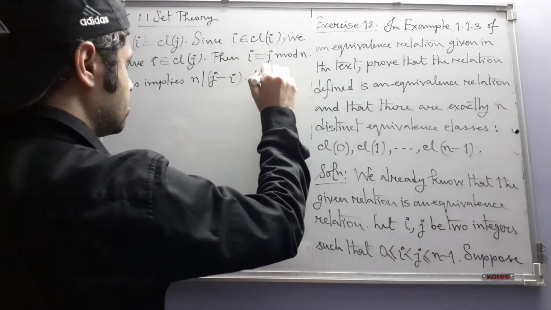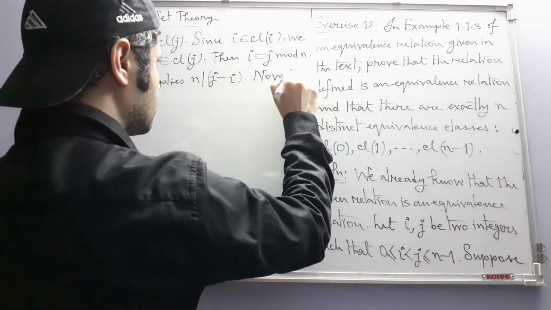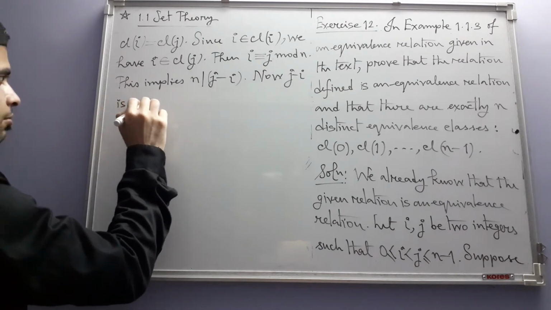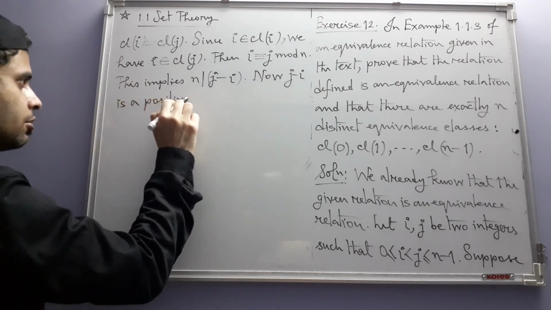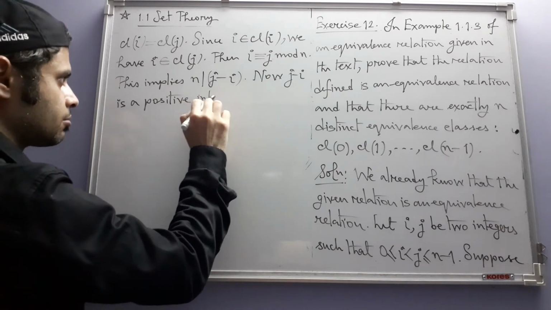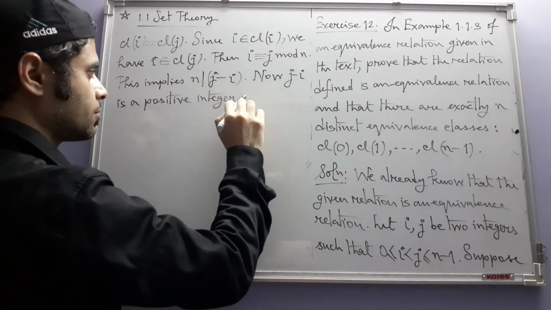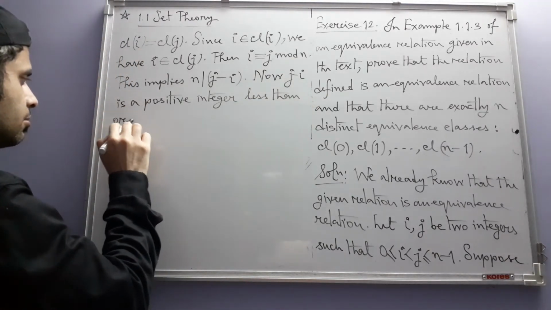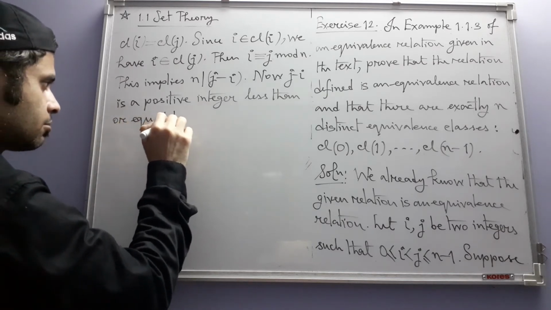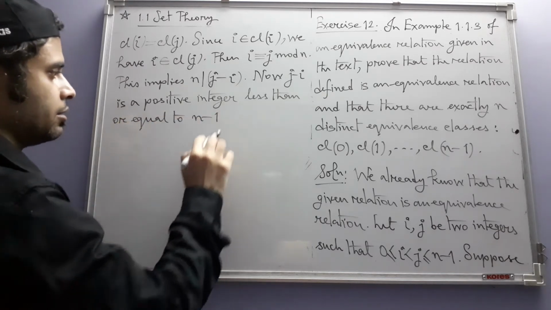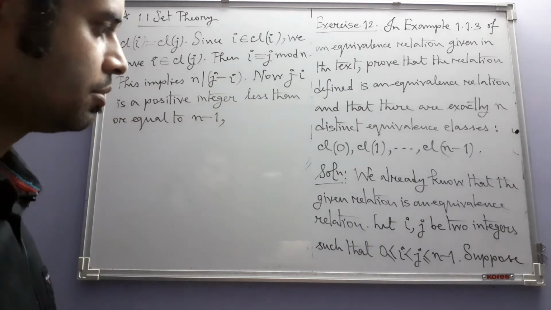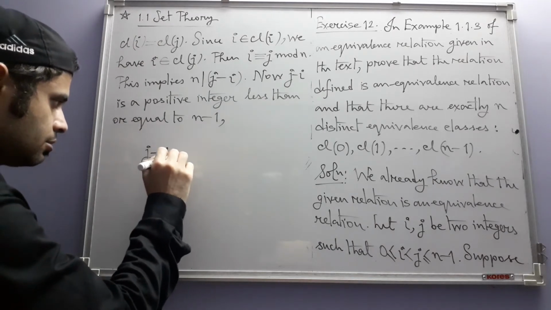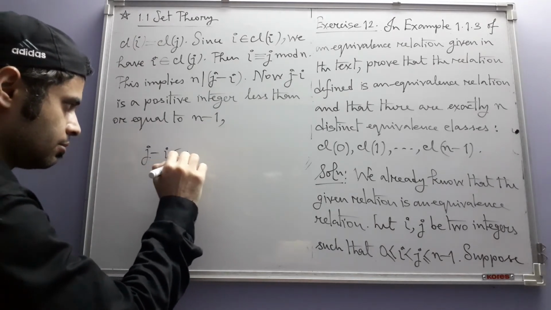Now j minus i is a positive integer less than or equal to n minus 1, because since i is non-negative, j minus i is less than or equal to j.